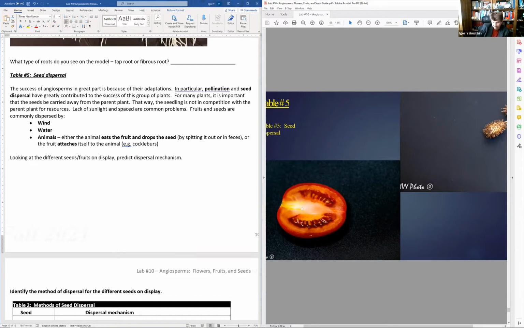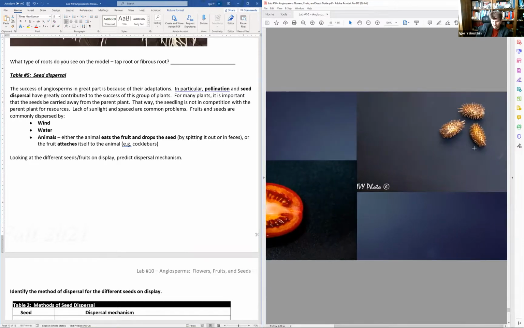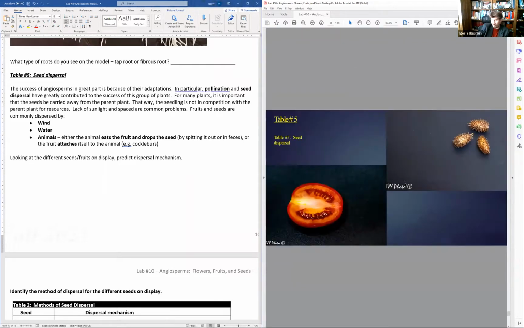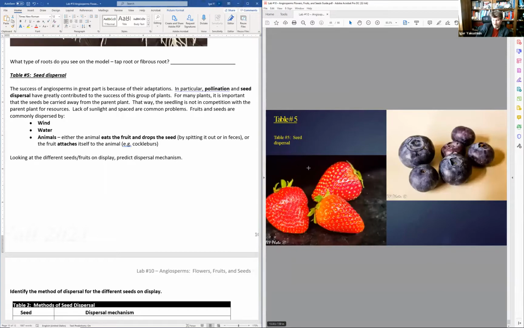No, that's actually an animal. The animals eat the soft tissues, the seeds come out through the digestive system, tada, spread around. Now on those ones, see the spikes? Most likely they attach themselves to the fur. Therefore, most likely animals. What about this one?